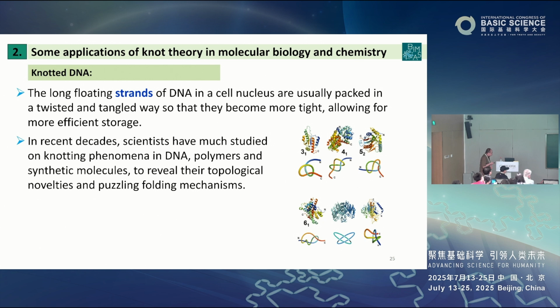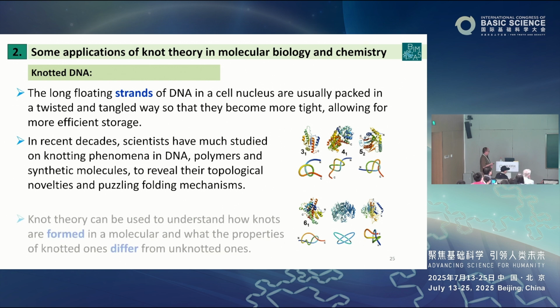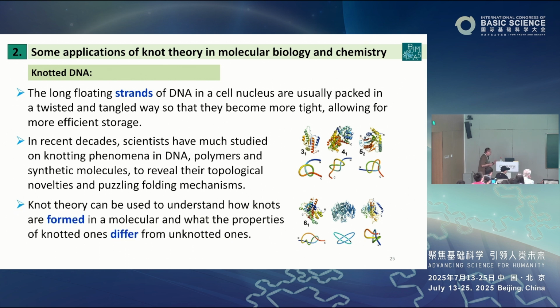The purpose is to reveal their topological novelties and puzzling folding mechanisms. Knot theory can be used to understand how knots are formed in the molecule and how the properties of knotted ones differ from the unknotted ones.